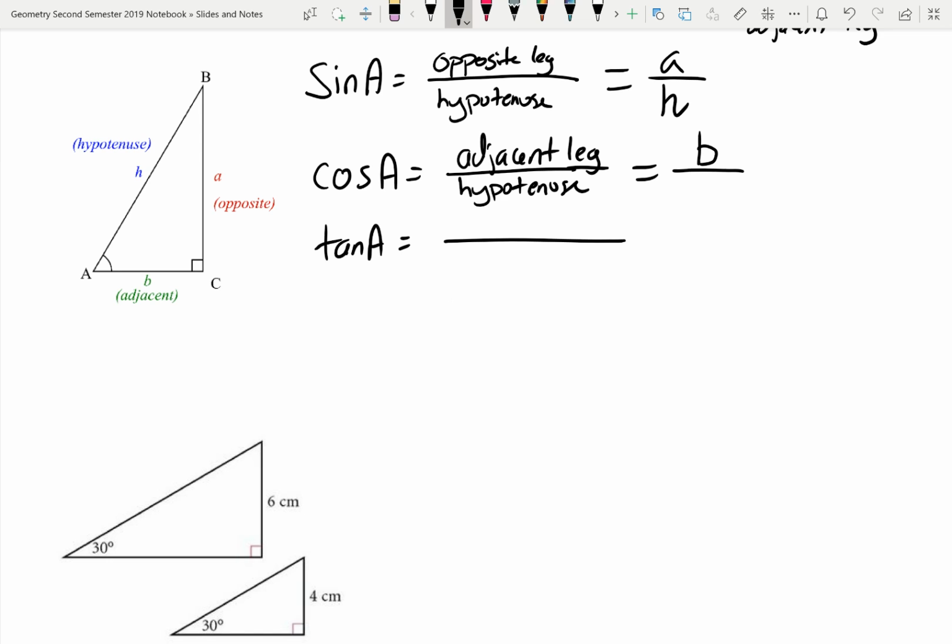Well, it's going to be B, and the hypotenuse is still H. Tan of A is going to be the opposite leg divided by the adjacent leg. And the opposite leg is going to be A, and the adjacent leg is B.